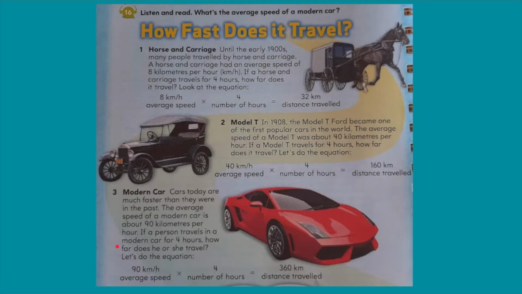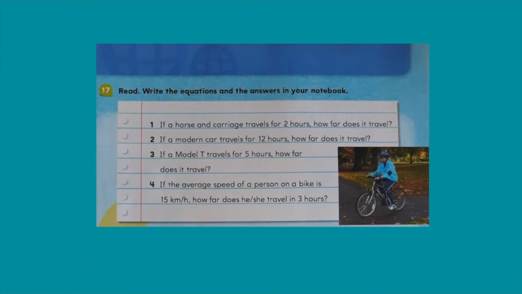Let's do the equation. 90 kilometres per hour, the average speed, times 4, the number of hours travelling. This equals 360 kilometres, the distance travelled by a modern car in 4 hours.